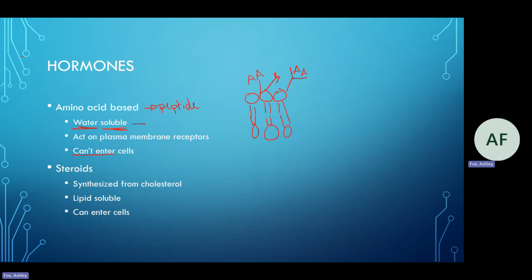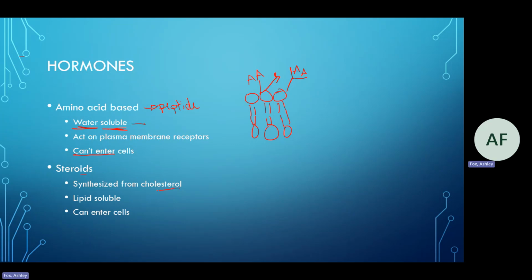And this has to do with upregulation and downregulation. It can be receptors on the plasma membrane, but it can also be receptors inside the cell. So we have receptors either way, inside or on the surface of the cell.